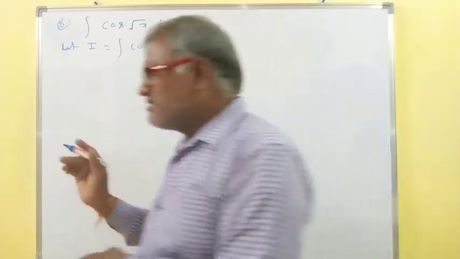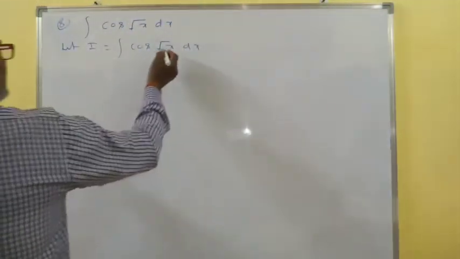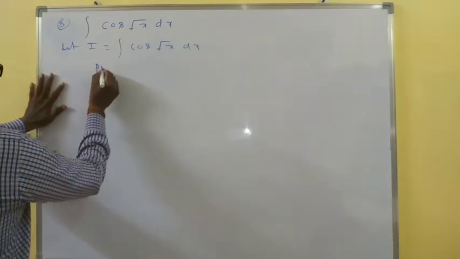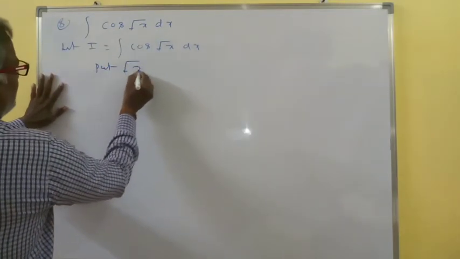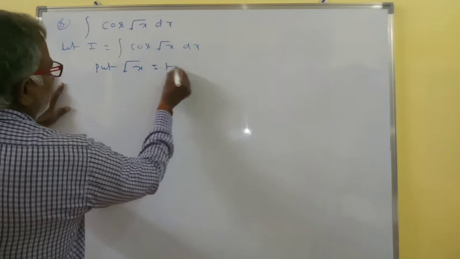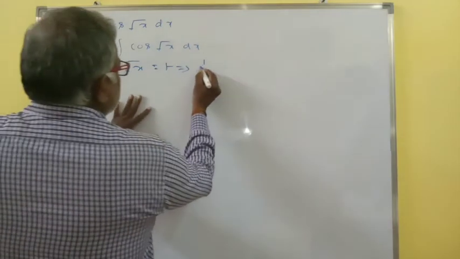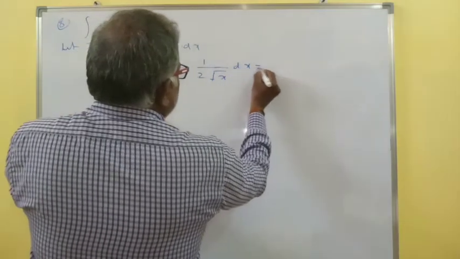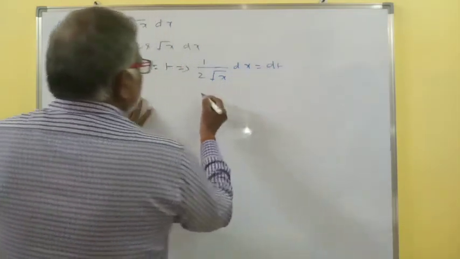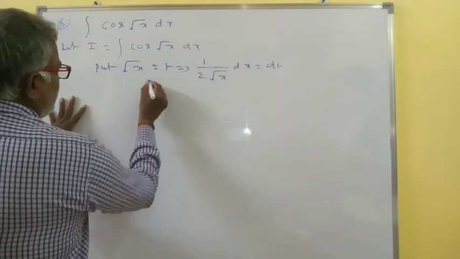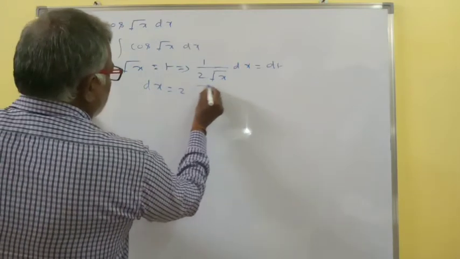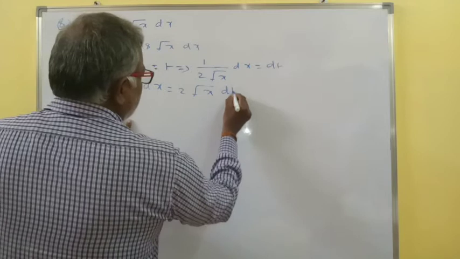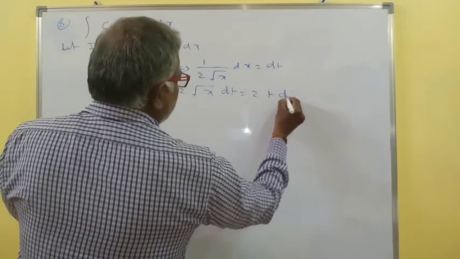Just think of the original formula. So here put root x equal to t. The derivative of root x is 1 by 2 root x, so dx equals dt. So dx is equal to 2 root x dt, that means 2t dt.